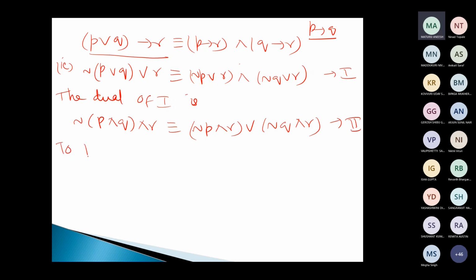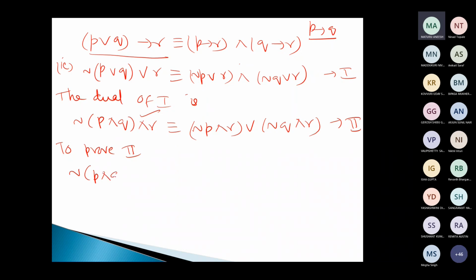To prove 2. Okay, how will you prove 2? Shall we take the left side or right side? Which one will take? The left side. Okay.